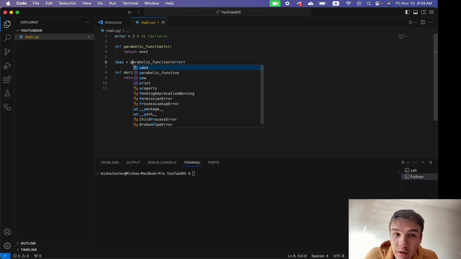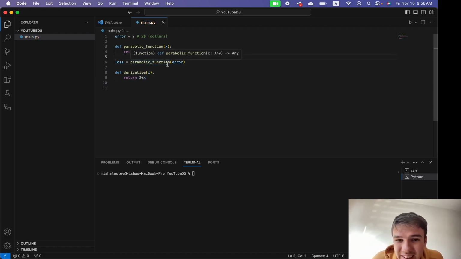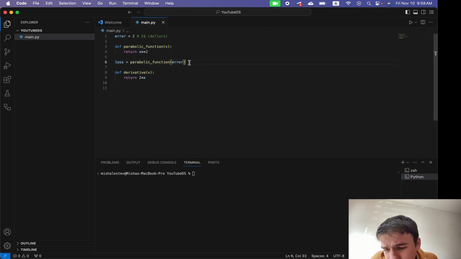Basically our parabolic function increases our error a bit, because our actual error is 2, but in order to use gradient descent we need to use this parabolic function, or you can use other functions depending on you. But for the sake of simplicity for the first video of gradient descent I'm going to use that parabolic function. So we're taking this error and we raise it a bit, so our error becomes bigger. But now we have our loss.